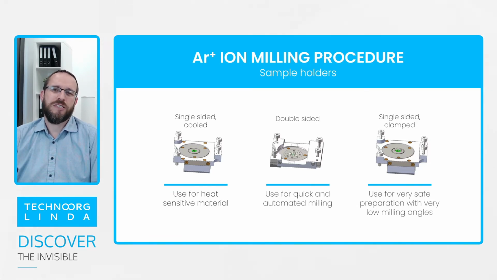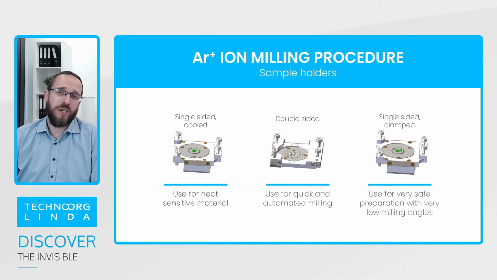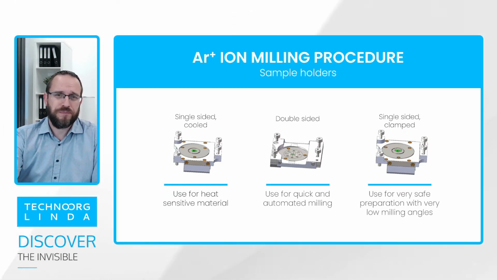And there is also a single-sided clamped holder, where a clamp is holding your sample in the holder. In my opinion, this is the safest holder, so you can use it for very safe preparation, and at the same time very low milling angles are permitted in this holder. So these are the 3 holders you can use.